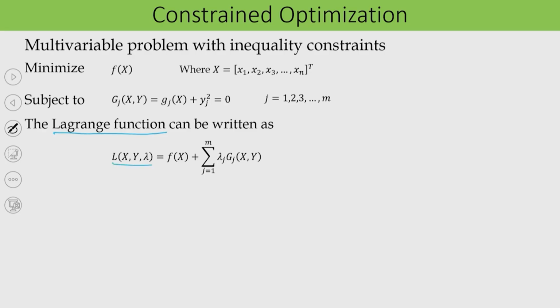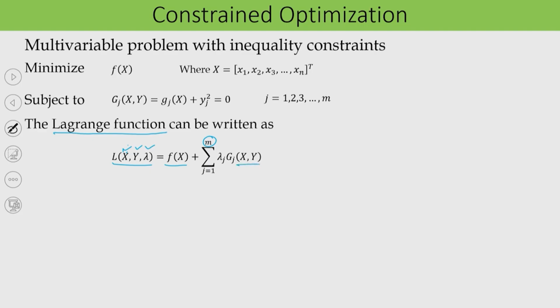This is L, the Lagrange function, a function of x, y and lambda, which is equal to small f(x) plus, since we have a total of m constraints, the summation of j equal to 1 to m of lambda_j Z_j, which is a function of x and y.